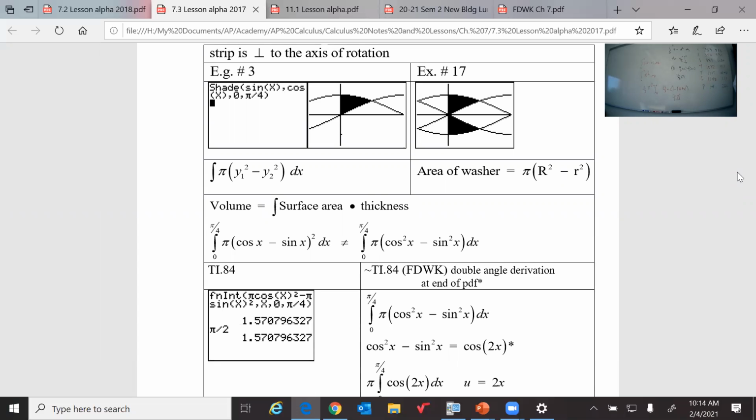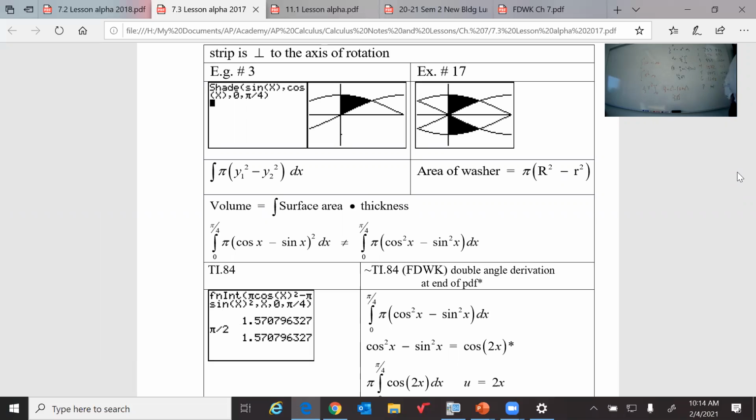So we would have pi big R squared take away little r squared. And the volume, is what Smith had asked, the volume equals the sum of the surface area times how thick it is. Add up all of them.